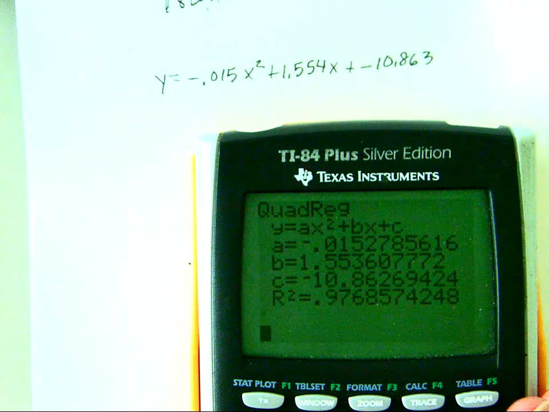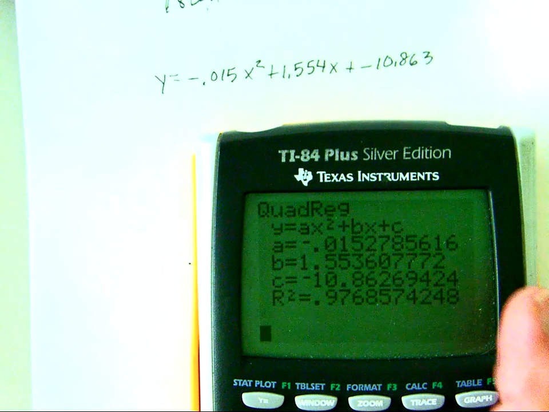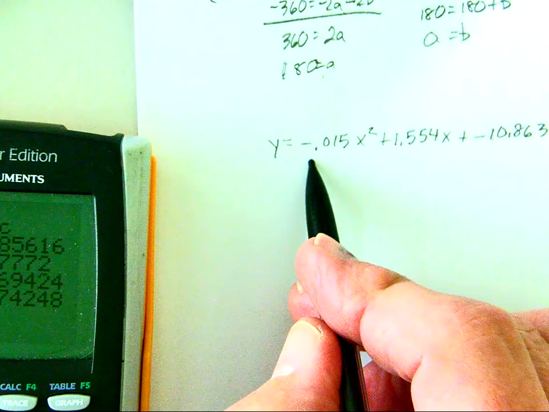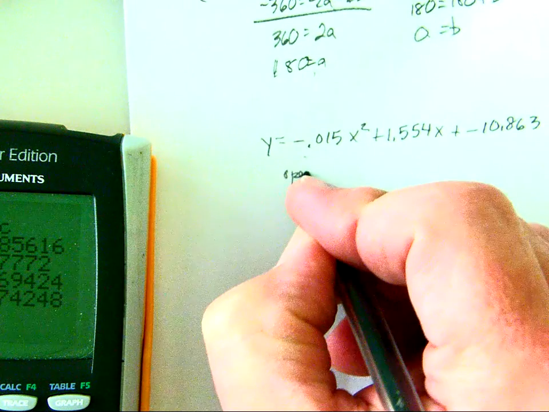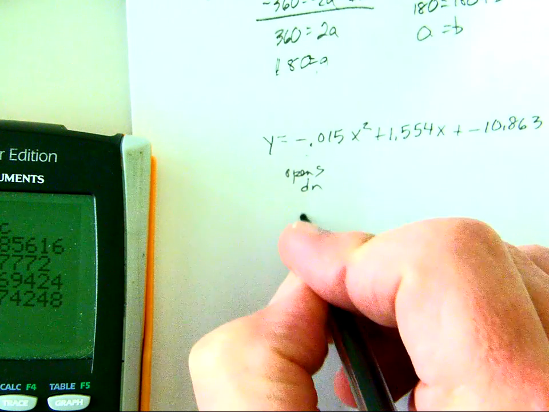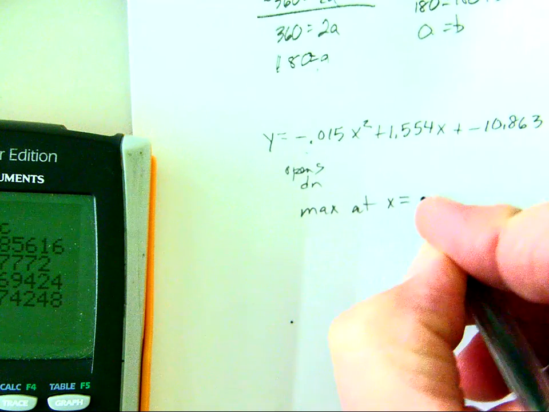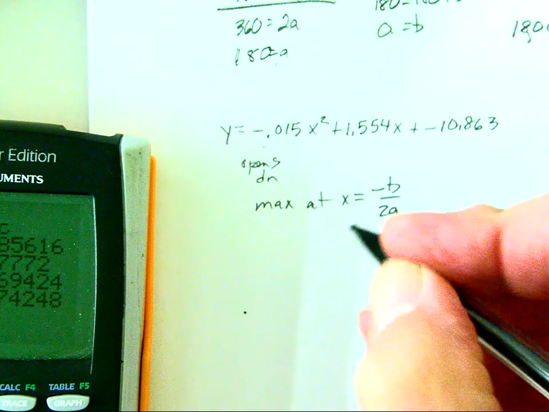Now here it asks you to find the optimal driving speed. You could graph that. We can also use our negative B over 2A, because you see this has a negative A, so it's going to open down, so it has a maximum. The max is at x equals negative B over 2A. And that formula is very handy for these.